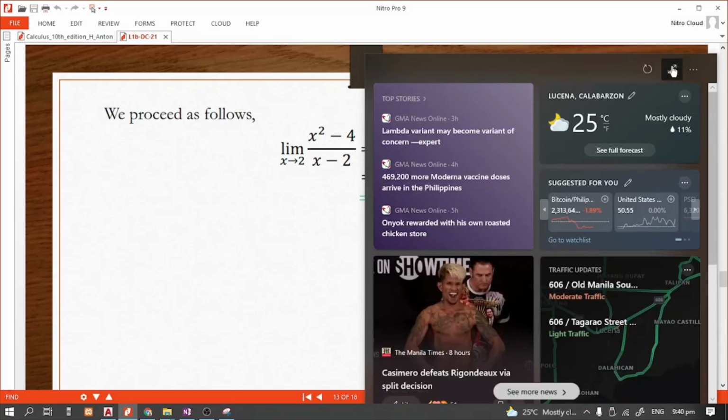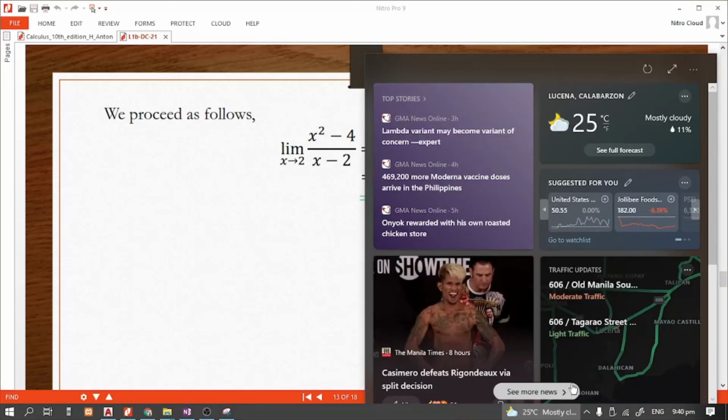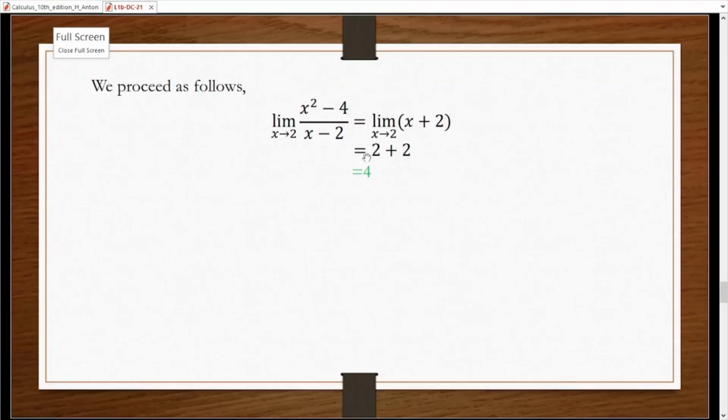So, now, we were able to get the value of the limit of the function. Na-reduce siya sa x plus 2. Pag sinubstitute natin yung value ng x na 2, magiging 2 plus 2. So, therefore, the limit is equal to 4.